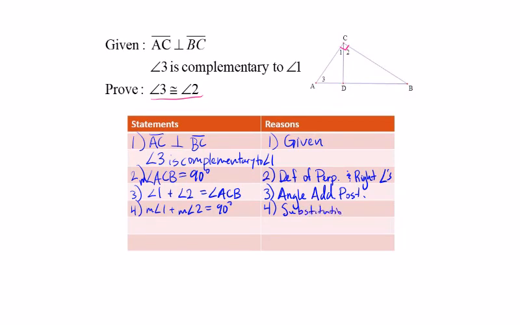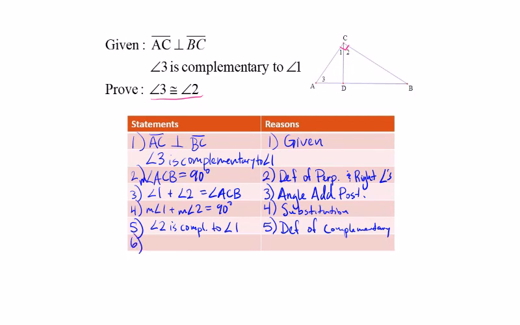All right, and next we can say that angle 2 is complementary to angle 1, right? And the reason why is definition of complementary. If two angles add up to 90 degrees, then they're complementary by definition.